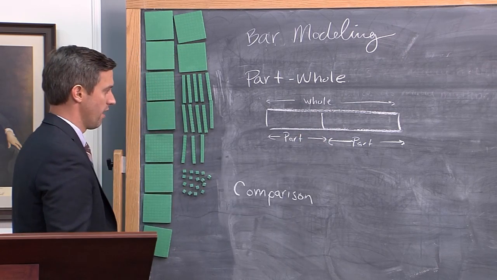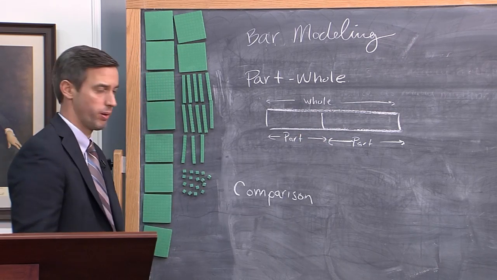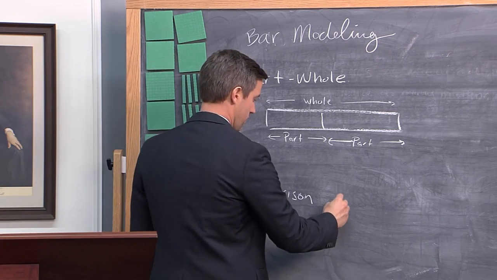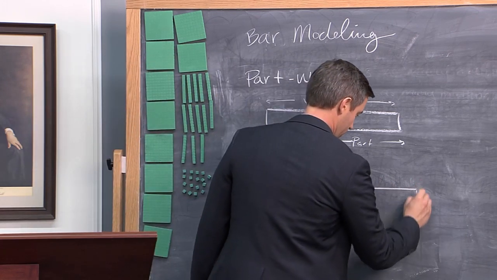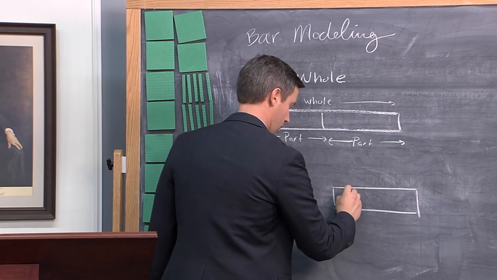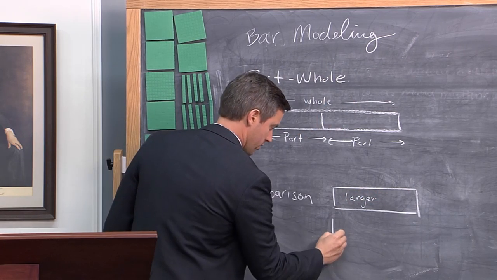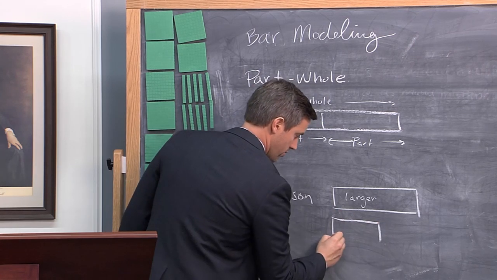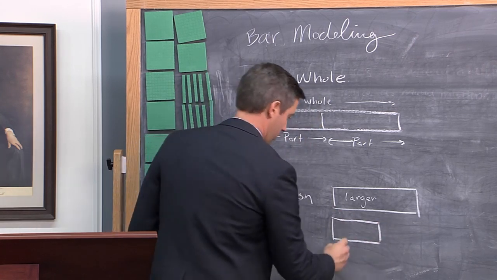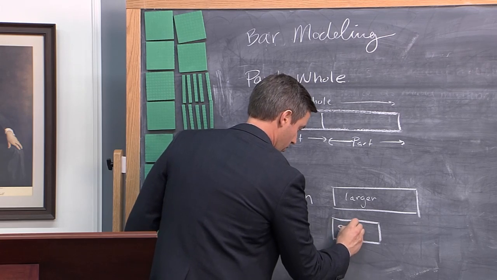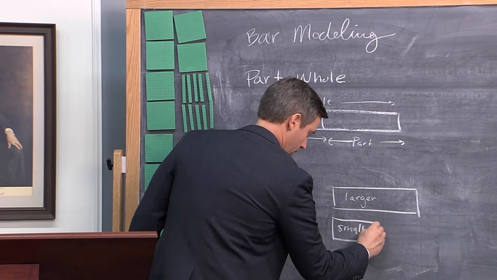Then we have our comparison model, which is a larger quantity and a smaller quantity. Sometimes there will be multiple quantities here, but I'm giving you the simplest form.